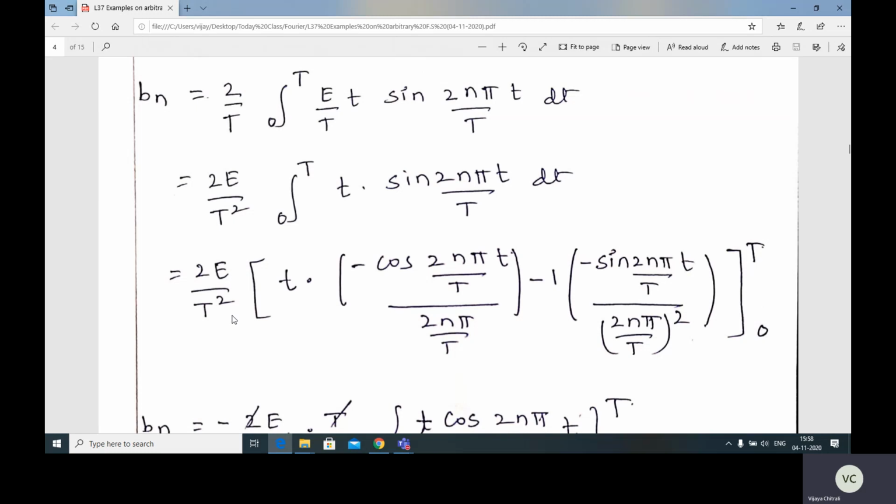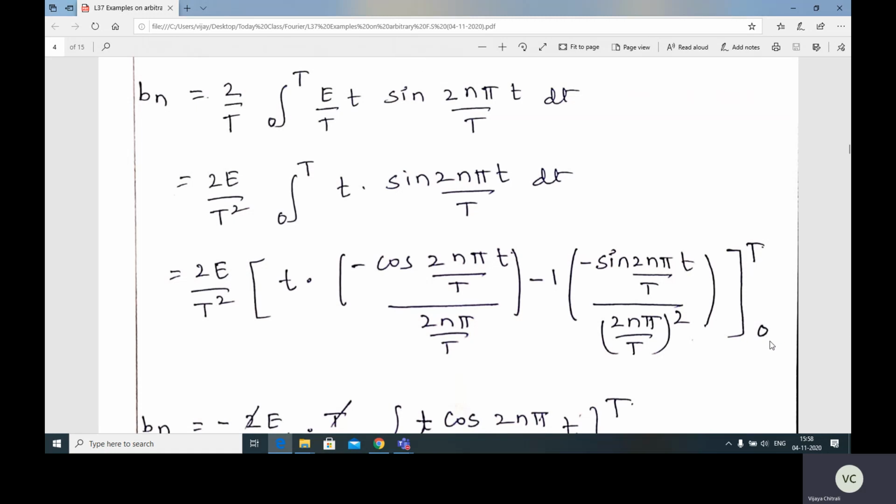So 2E divided by T square, t, and the integration of sine 2n pi t divided by T is minus cos 2n pi t divided by T divided by 2n pi by T, minus derivative of t is 1. Again the integration of this is minus sine 2n pi t divided by T divided by 2n pi divided by T raised to 2. Again the derivative of this constant is 0, 0 into something is 0.